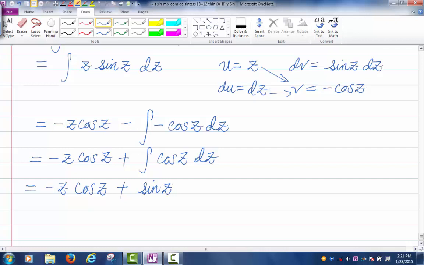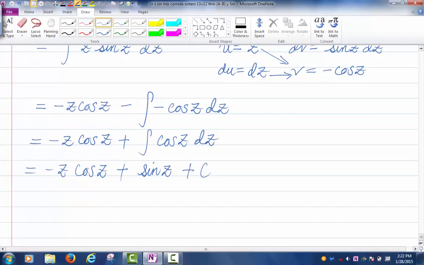And am I done yet? I have to replace z with what was z? Root x, right? Negative root x cosine root x plus sine root x plus c. You guys are okay with that?